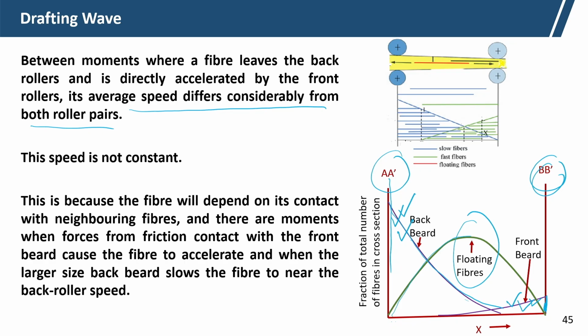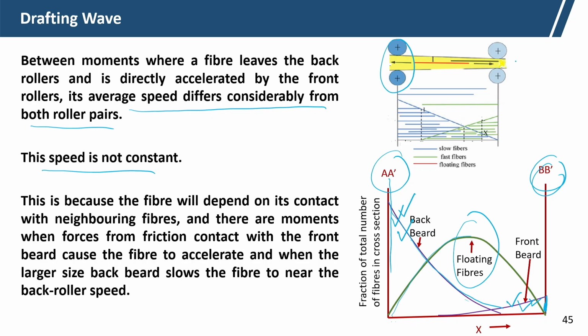This is because the speed is not constant. The fibers depend on the contact with neighboring fibers, so we cannot expect a constant speed. When the fibers are under the nip of the back roller, they move at a constant speed, the back roller speed.